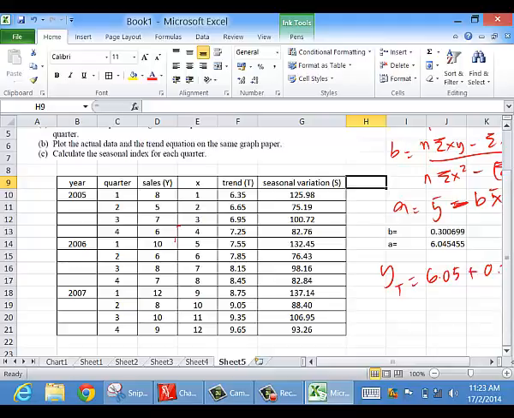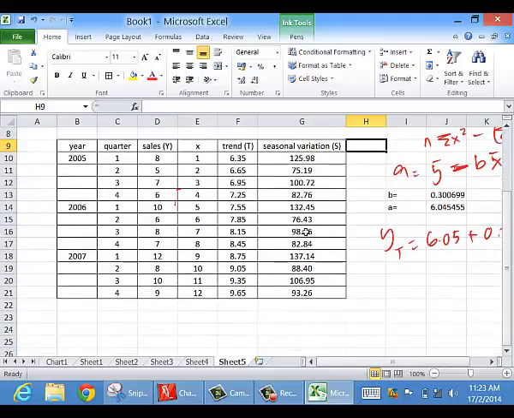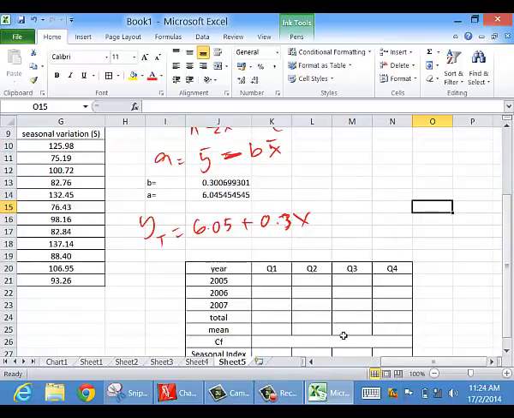So the next step, you sudah sampai di sini? Sudah? You buat dulu seasonal variation. You sudah dapat seasonal variation. You plot into the new table.